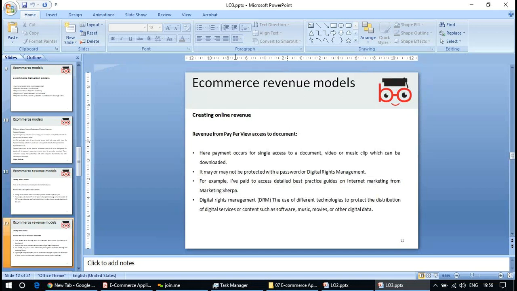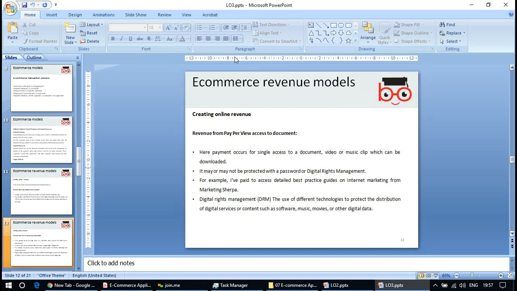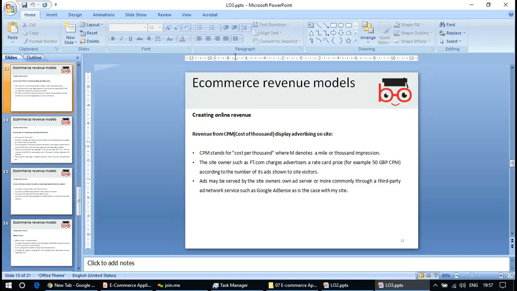Revenue from pay-per-view access to documents, like IEEE transactions and journals, which give you access to read one time. The number of times you want to read, that's another model.